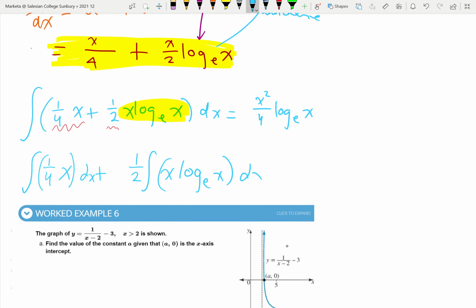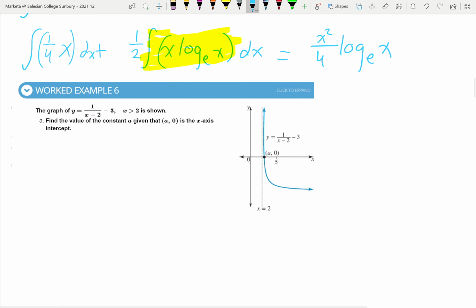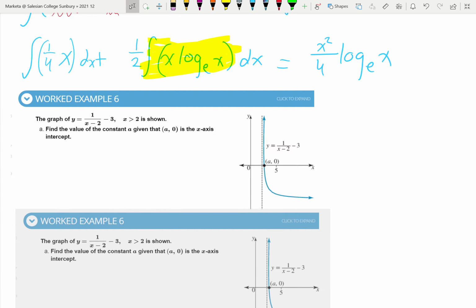Don't forget the dx in both places. So I can see this x log ex really nicely here, and I can see all the stuff I need to get rid of. Let's just move this down a bit.